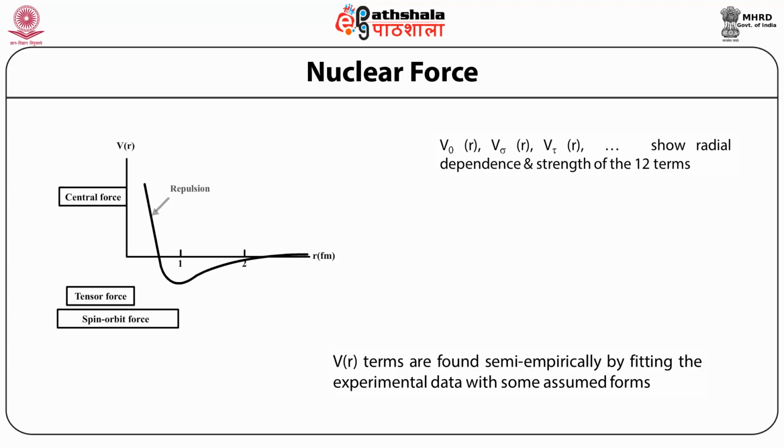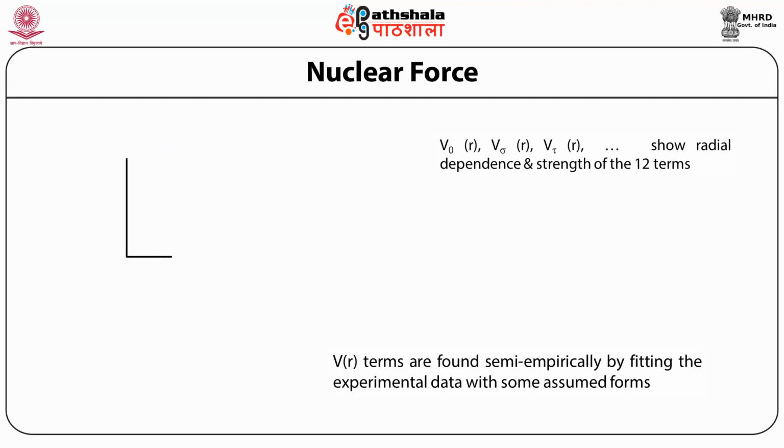Interaction potential positive means the force is repulsive. So in the short range the nuclear force is repulsive, but at the intermediate and long range the nuclear potential is attractive in nature.